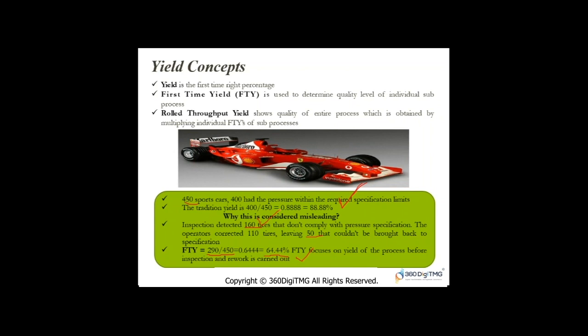You'll have to consider this 160 for your calculation, right? And then you get first time yield. This is the right number which you should be looking at. First time yield focuses on the yield of the process before inspection and rework is carried out. That's the interesting part. You'll have to look into that.